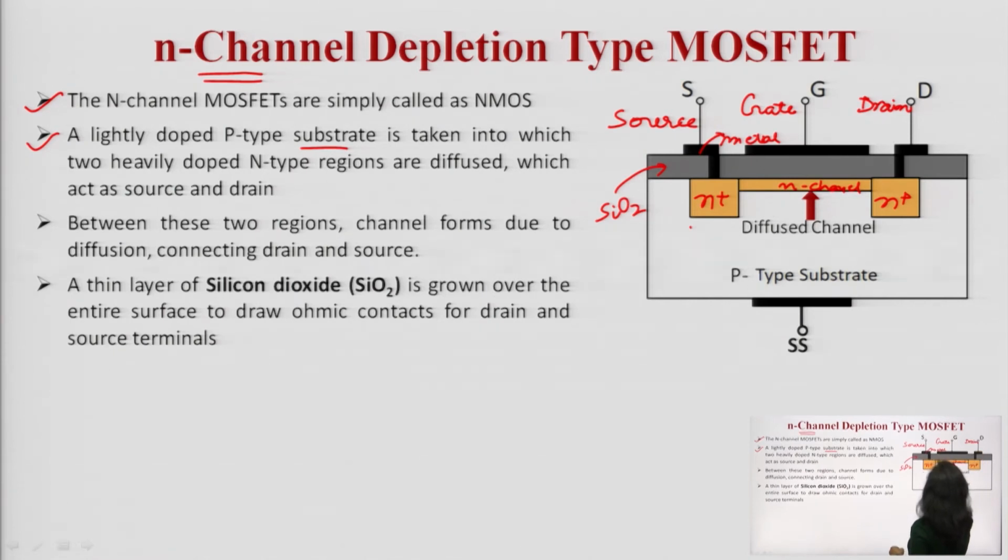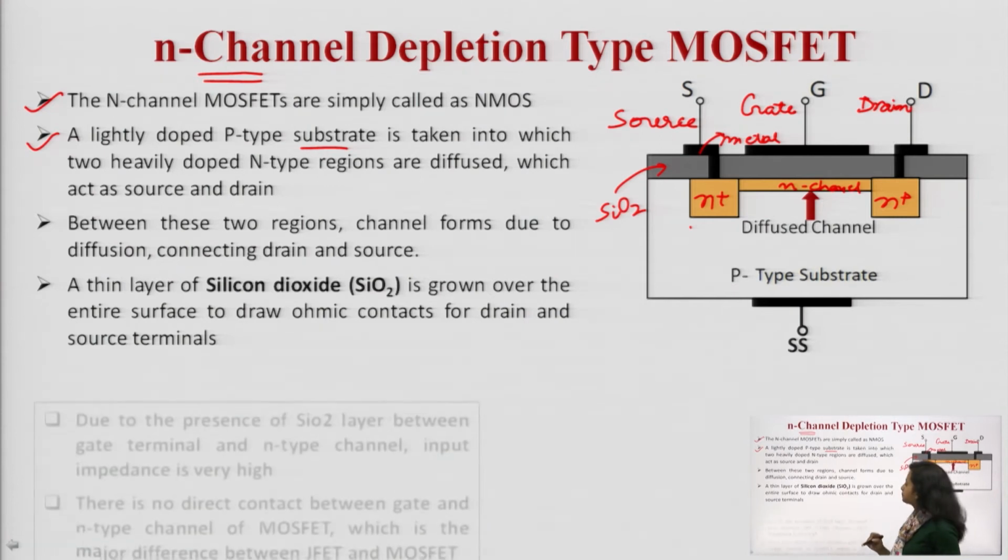In between these 2 regions the channel is formed, and this channel is because of the diffusion which connects source to drain. As I have mentioned, a thin layer of SiO2 is deposited over the entire circuit to draw the ohmic contact for the source and drain terminal.